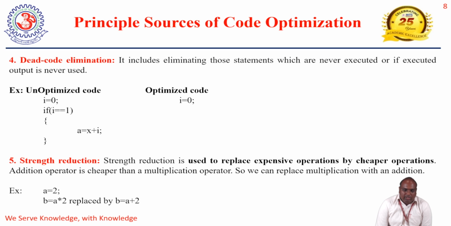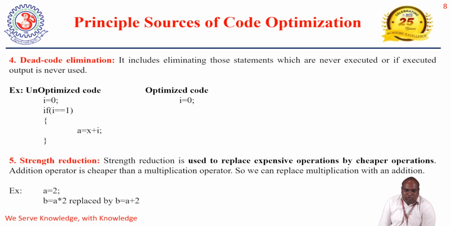If you see the example, a equal to 2, b equal to a into 2. Actually, instead of using the multiplication operator, I am using the plus operator. Instead of the star operator, I'm using the plus operator. Why? Because the star operator will take more time for the compiler to execute than the plus operator.